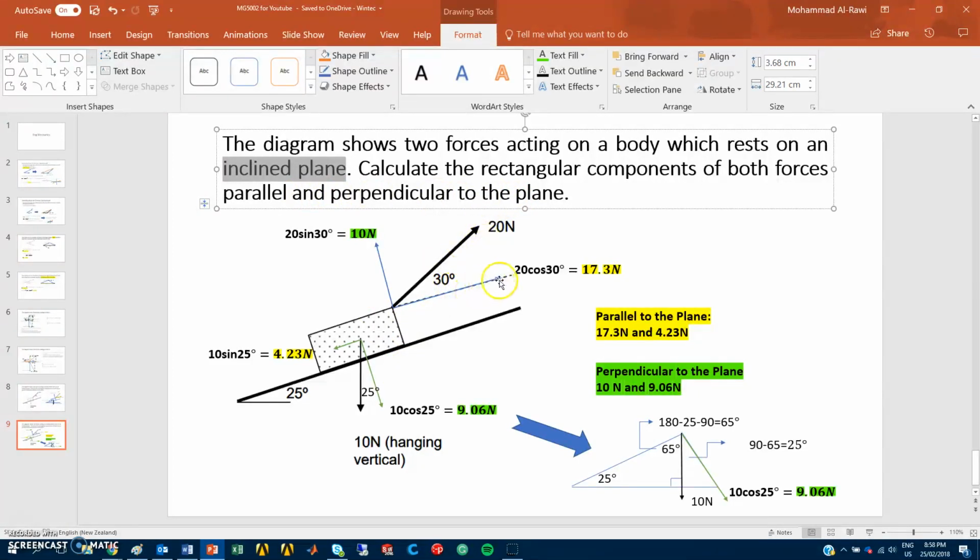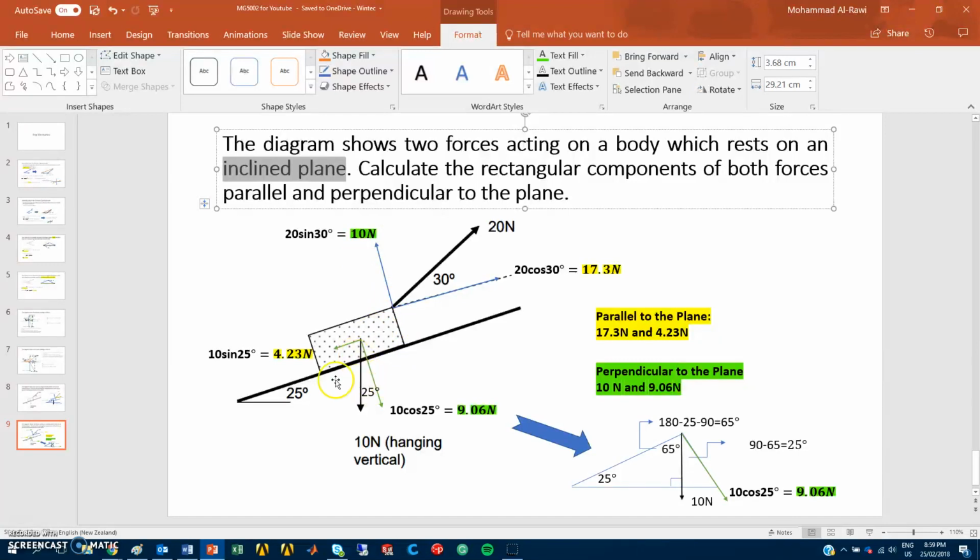We analyzed this to be 20 cosine 30, which we calculated to be 17.3, and this is the force parallel to the incline. Then we calculated 20 sine 30 degrees, which is perpendicular to the inclined body at that point.